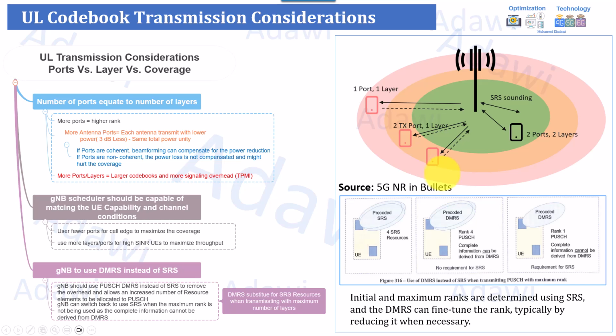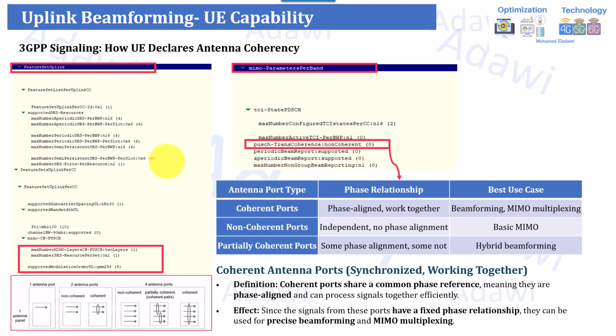Now let's move forward to the UE capability check, how to check all the related capabilities of the UE for the uplink beam. In this slide, 3GPP highlights that there are multiple UE capabilities for the uplink that need to be checked. For example, in the left figure I'm highlighting the feature set uplink.